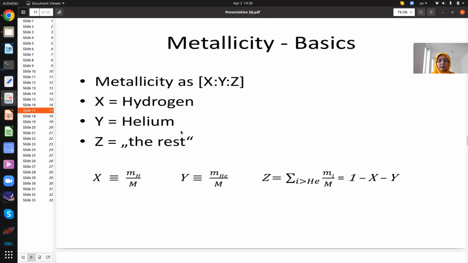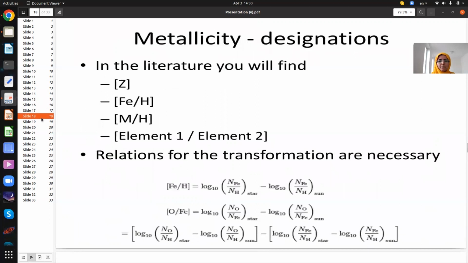But the sum of all of them should be 100 for the sun. In the literature, you will find Z or Fe over H, hydrogen, M over hydrogen, or element 1 over element 2. Relations for the transformation are necessary, as you see here.